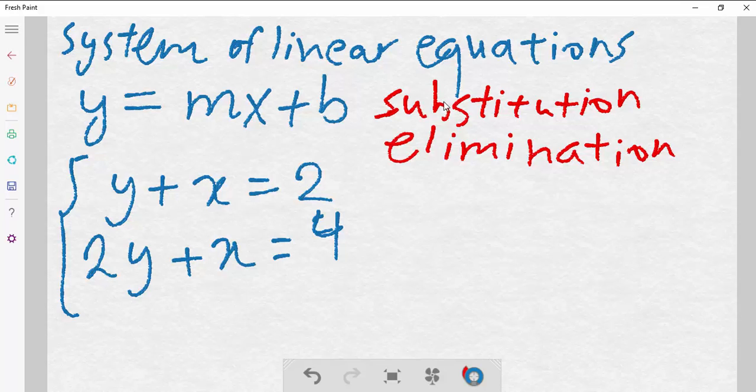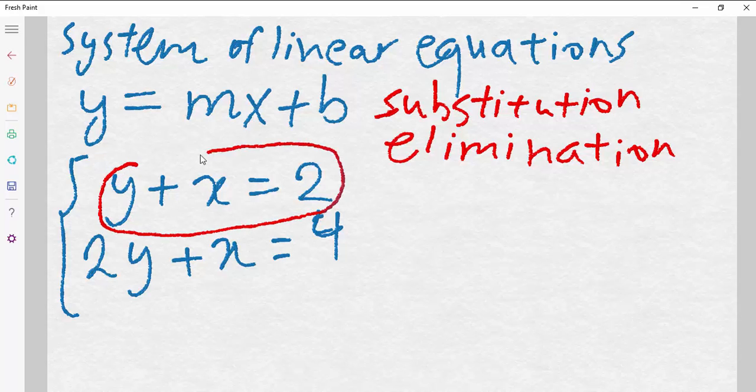Substitution, as we can understand from the word, we substitute one variable from the form that we get from the other equation. I will explain that. Let's look at this one. I want to write this equation with x as a function of y.